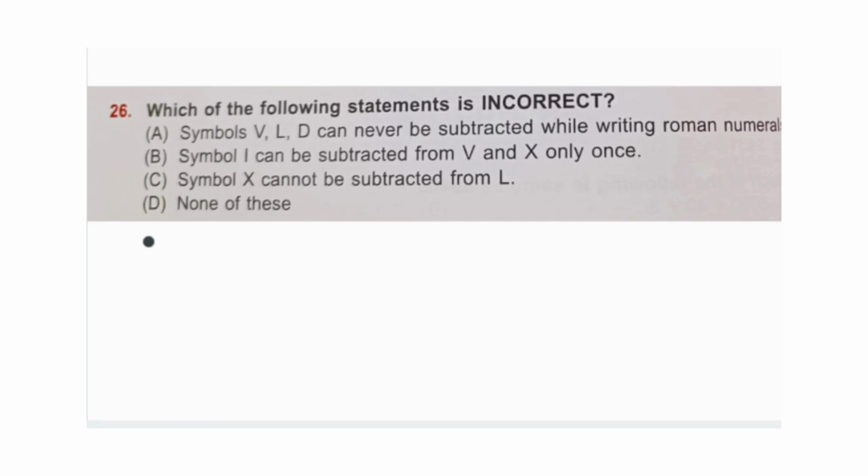If you see the first statement, it says symbols V, L, D can never be subtracted while writing Roman numbers. So let's say we write V. V is 5 and L is 50 and D is 500.